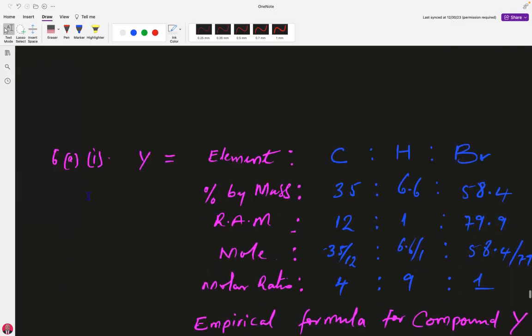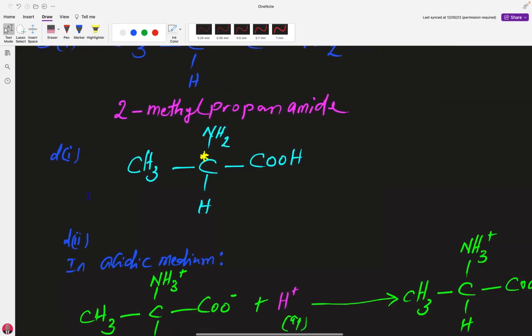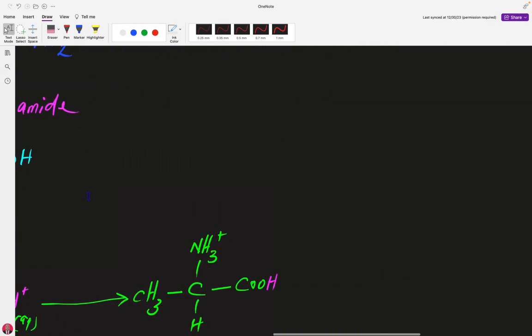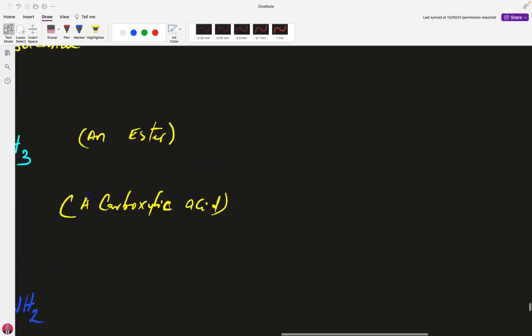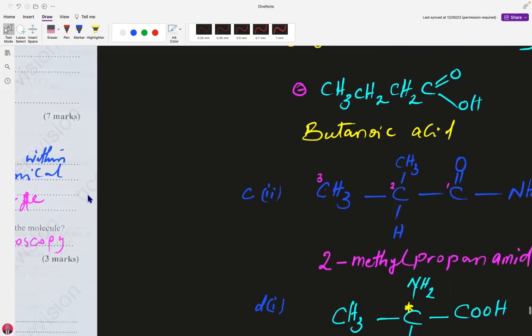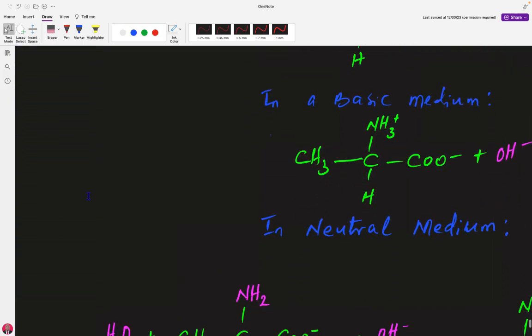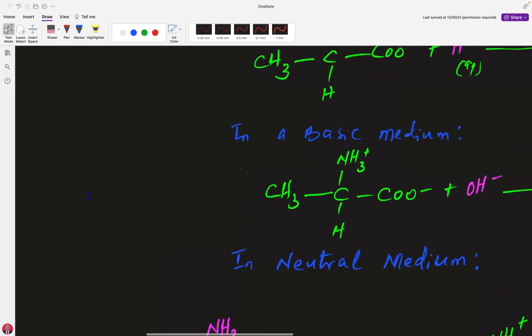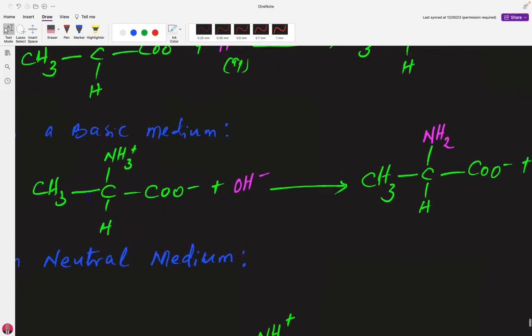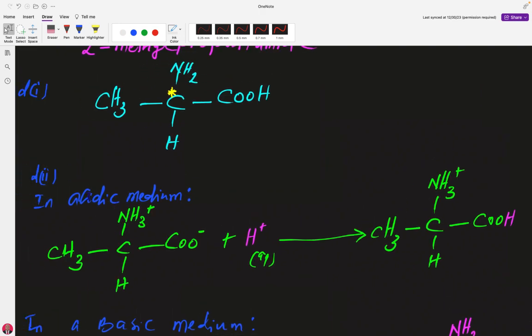By the way, this is the structure you were given. What happens here is this.